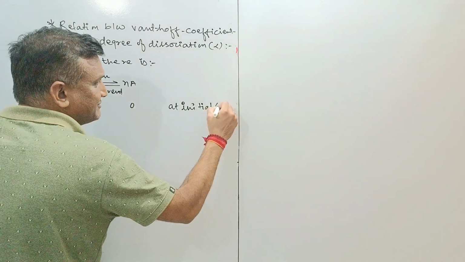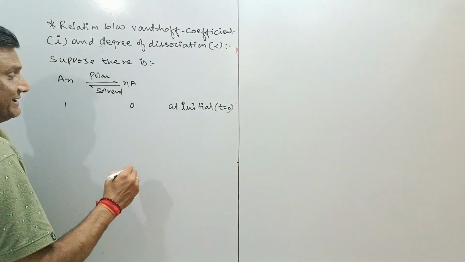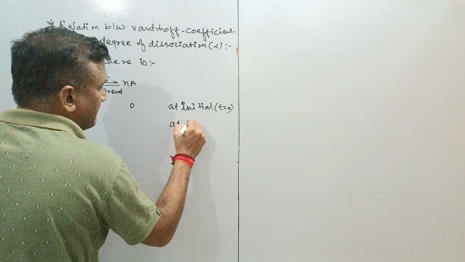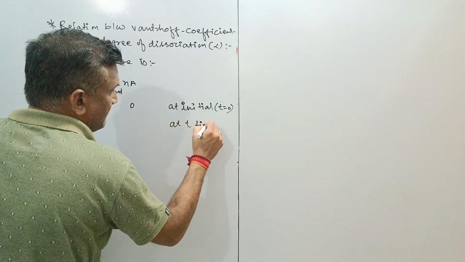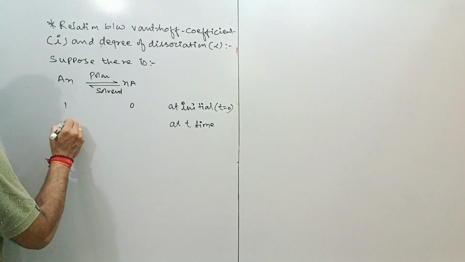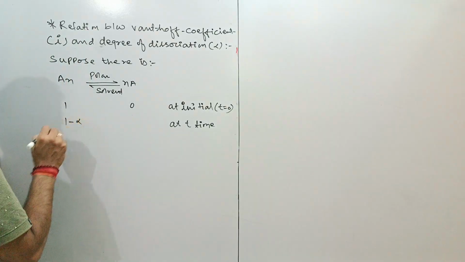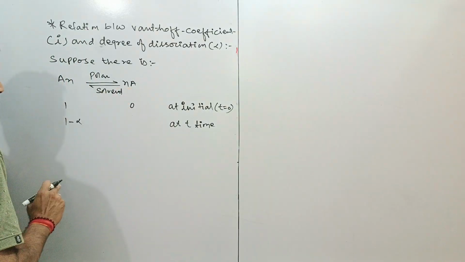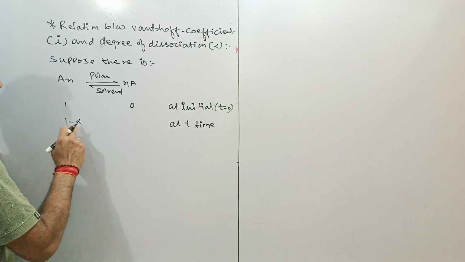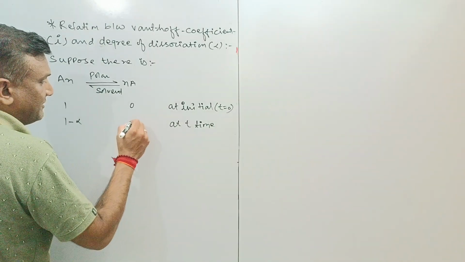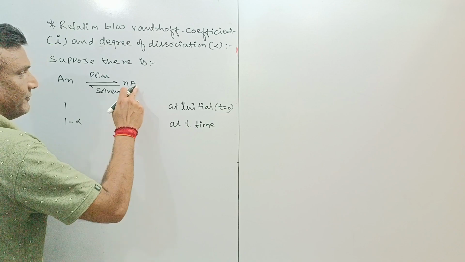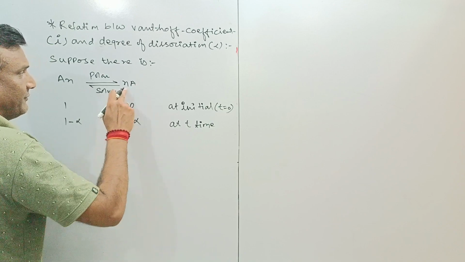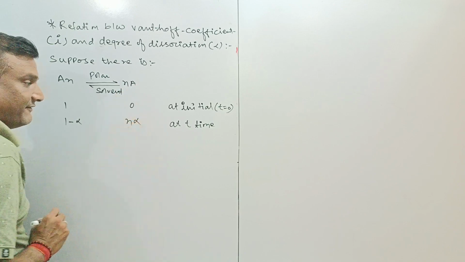Initial means time t is equal to 0. At t time, what is that? Alpha has been dissociated in the form of n of A particle. So here will be 1 minus alpha, and for the formation of A it will be alpha, and for n particle it will be n alpha.